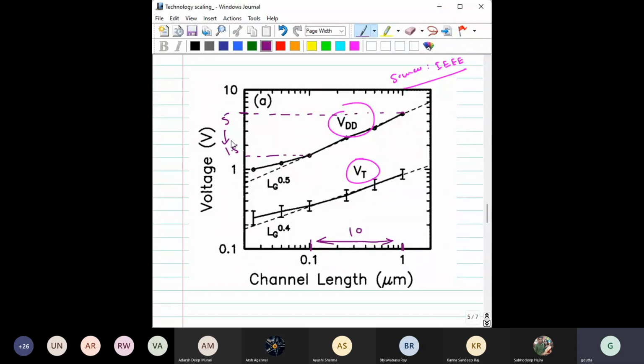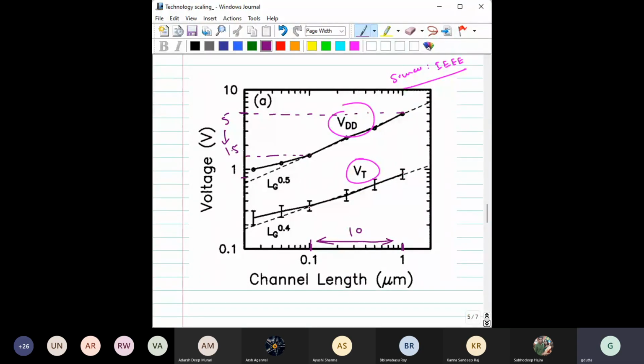So you can clearly see that even from history there is a resistance to this VD scaling, because if you are changing VD, you have to change VD for all the peripheral architecture and all these things. Similarly, you can see for VT also the same. When it is 1 micron, VT used to be around 0.8 volt, right?